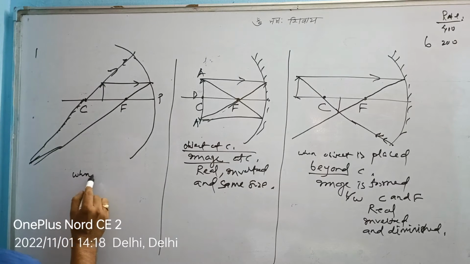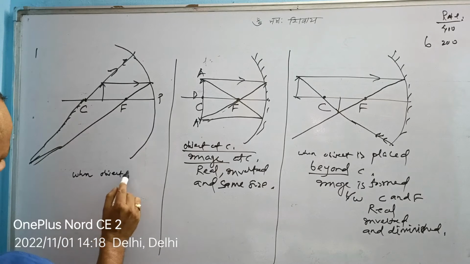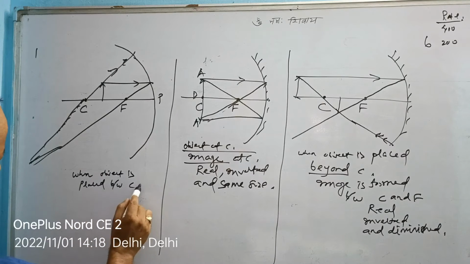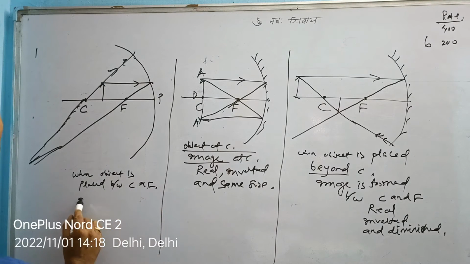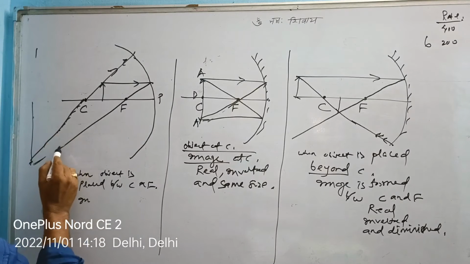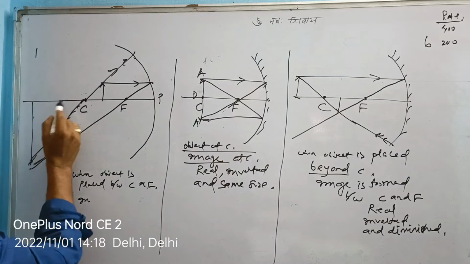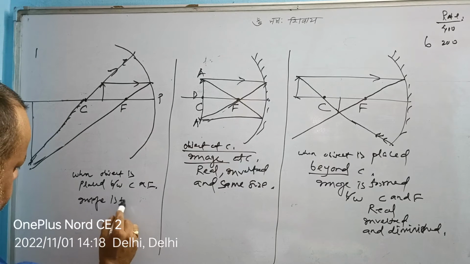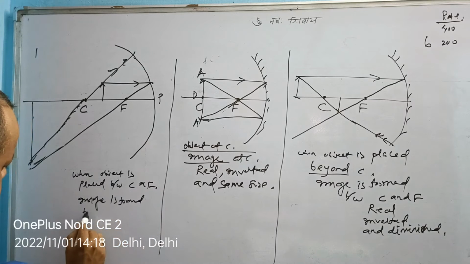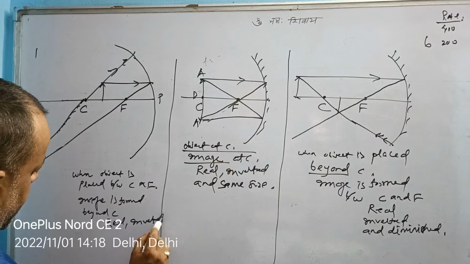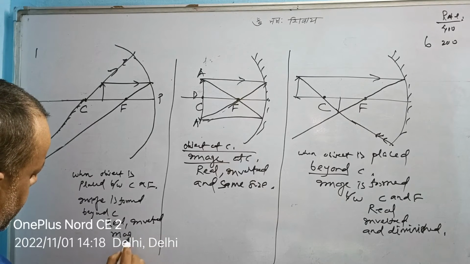It means when the object is placed between C and F, the image is formed beyond C. Beyond C, it is real, inverted and magnified.